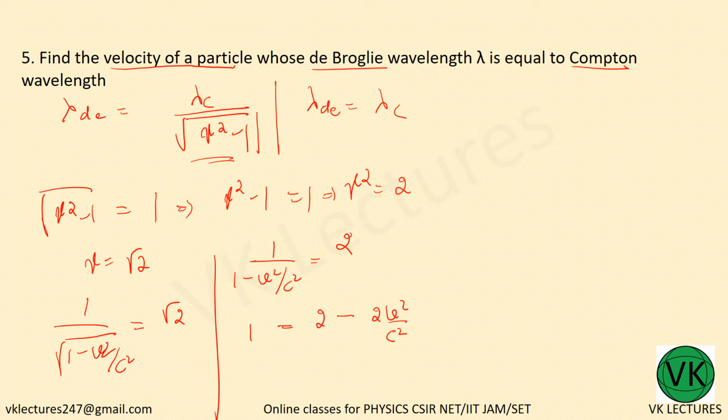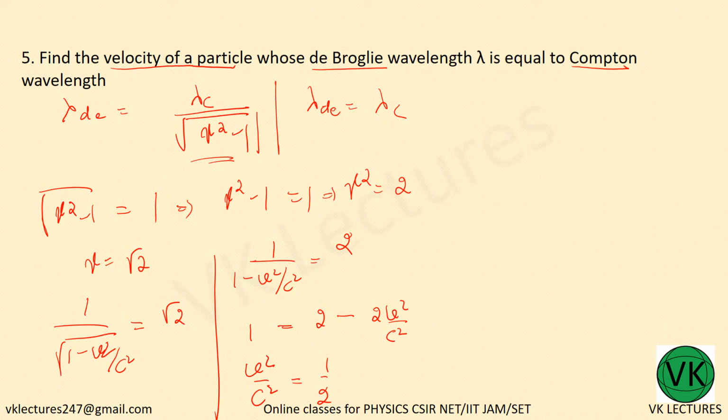So this becomes half. Bring this to the side. So v square divided by c square is equal to half.